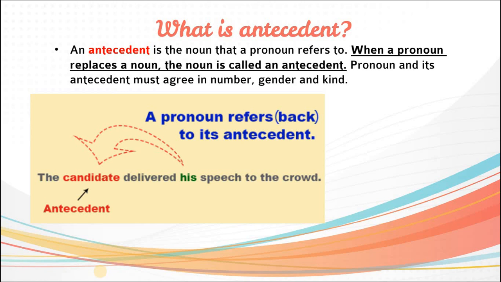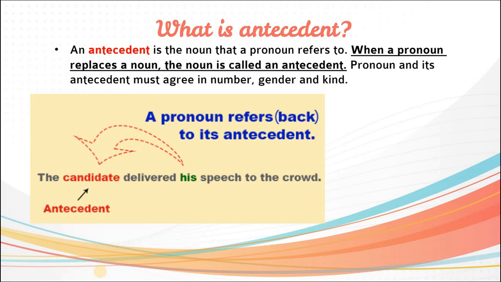So now you can see that the candidate is a singular noun, so we have used the pronoun his for it. If you change the candidate to candidates, the candidates delivered their speech. So their and candidates agree in number, and his and candidate agree in number. So the pronoun must agree with its antecedent.